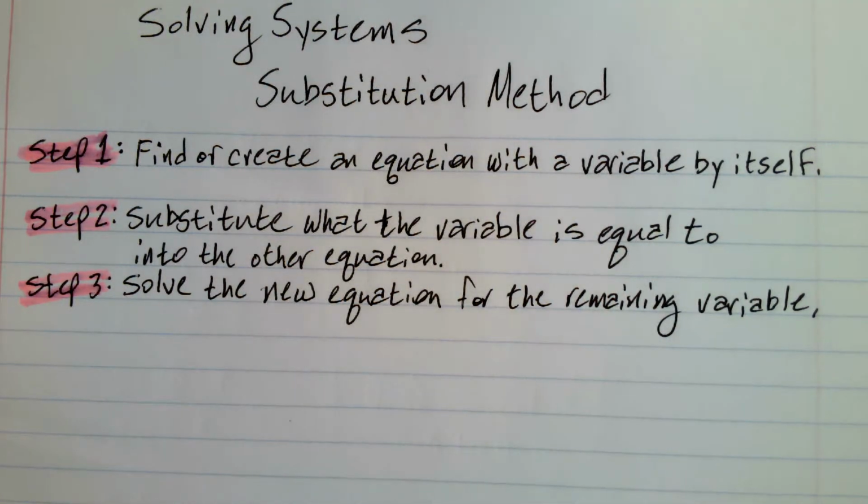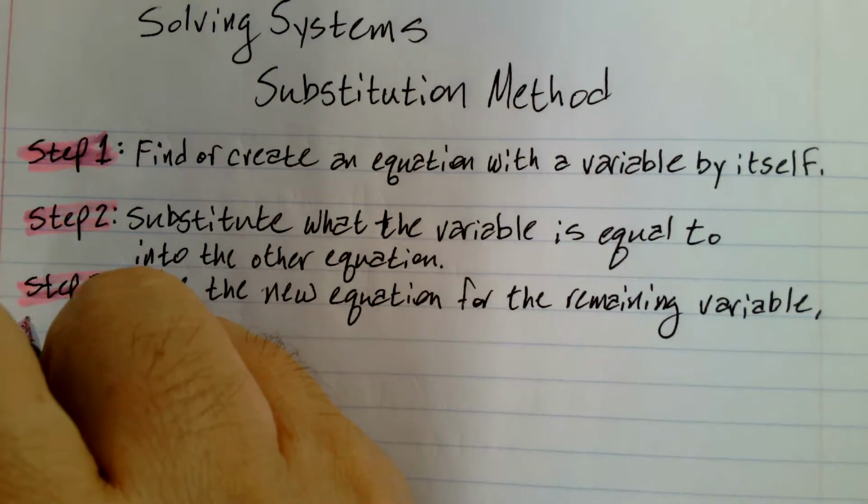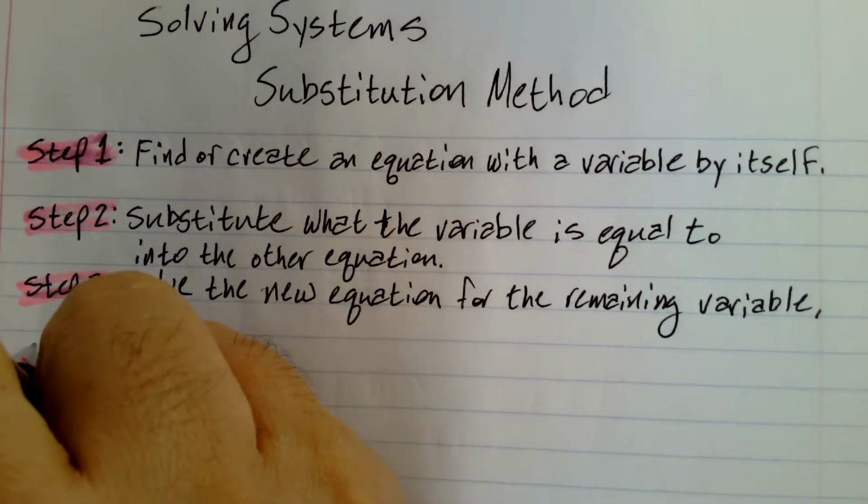If you've done everything in these three steps, you know one of the two variables. Since we usually use x and y, you know what x equals or y equals at this point. Now you're going to use that fact to find the other variable's value.